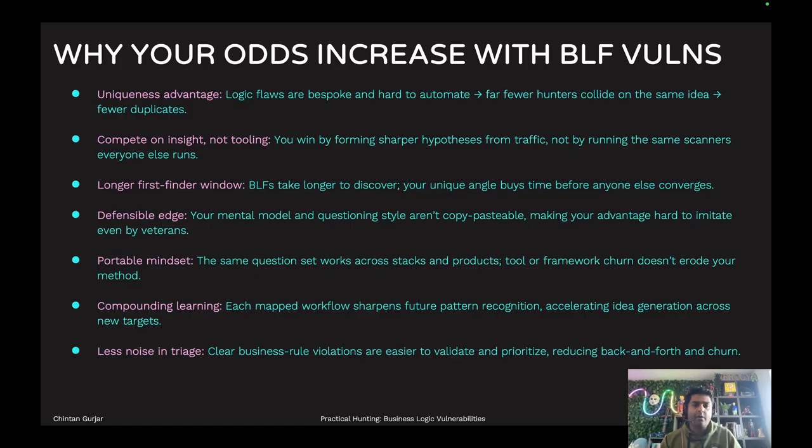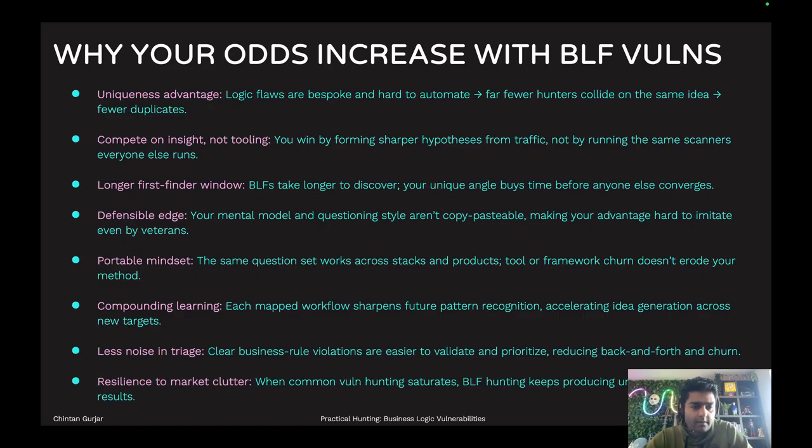So these are the odds that will increase your chances and probability of finding business logic flaws, even if you start today, because it all depends on your uniqueness and creativity. And nowadays, your creativity is like 50% your creativity, 50% AI's creativity, and then you combine both of them. Next, resilience to the market later. When common vulnerability hunting saturates, for example Nuclei, when it came, a lot of people found a lot of stuff, but now it's all been automated.